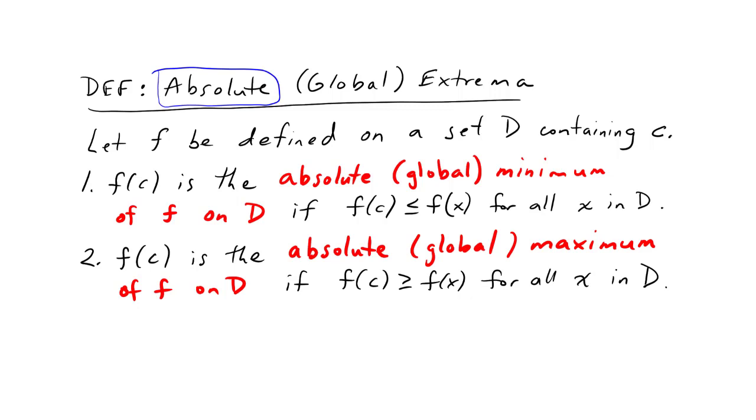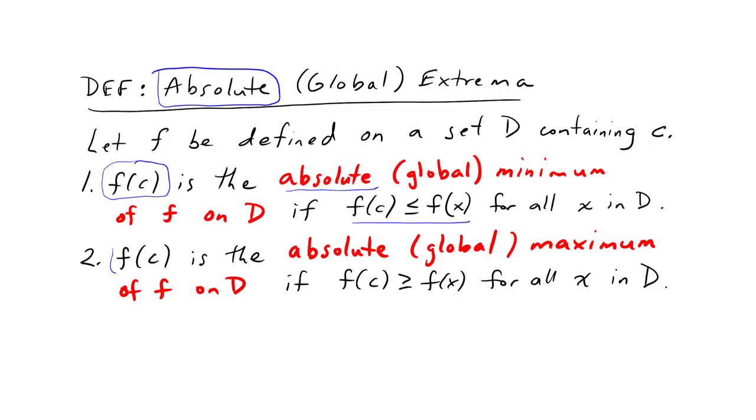So let f be defined on a set D containing c. f of c is the absolute, or global, minimum of f on D if f of c is less than or equal to f of x for all x in D. Well, that makes sense. So this value, f of c, is the lowest overall on set D if it's always less than or equal to any other value in that set.